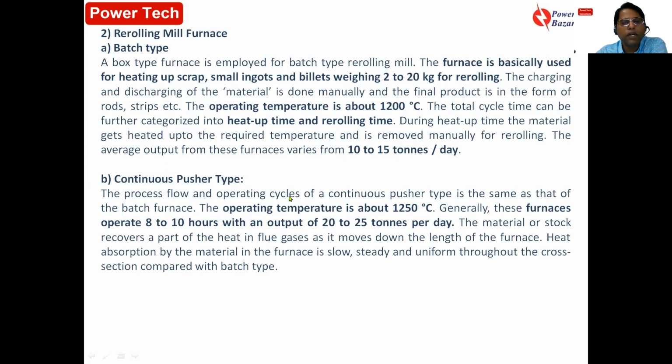Now the process flow and operating cycle of the continuous pusher type is the same as that of a blast furnace. The material or stock picks up part of the heat in the flue gas as it moves down the length of the furnace. In this case, what happens?